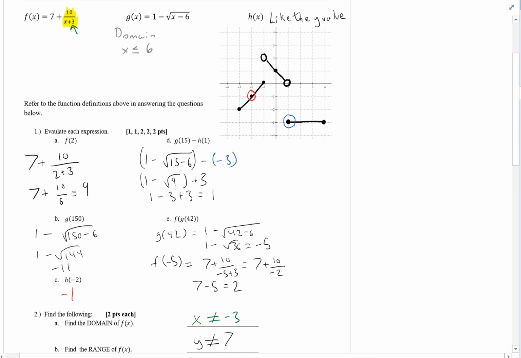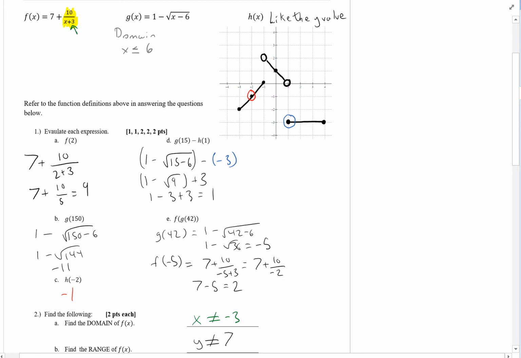The output of a radical is always positive. If x was 7, we would have root of 7 minus 6 in here, that'd be root of 1, which is 1. If x was 10, we'd have root of 10 minus 6, which is root of 4, which would be 2.